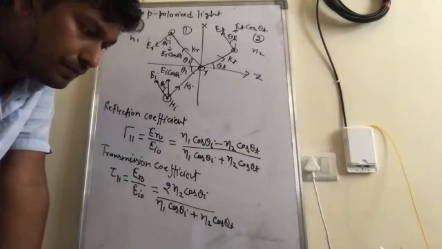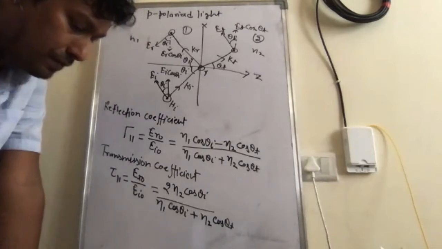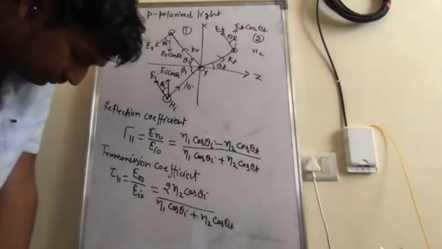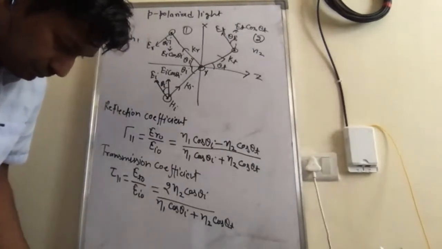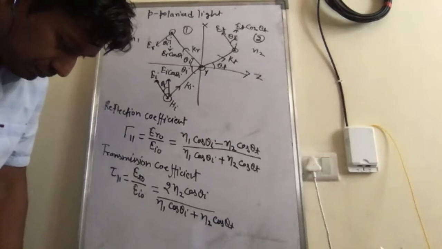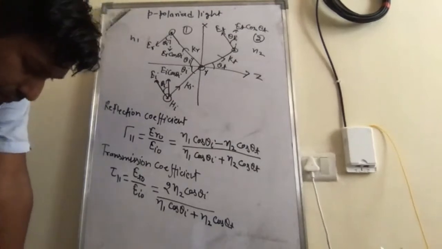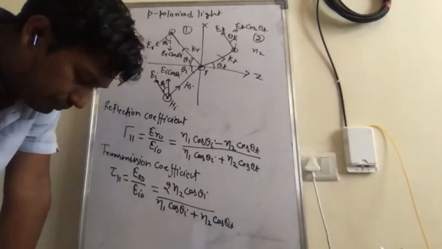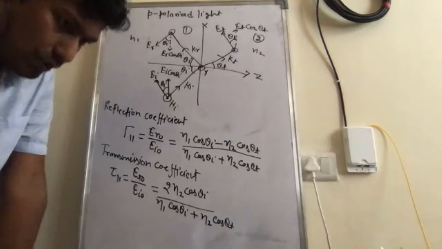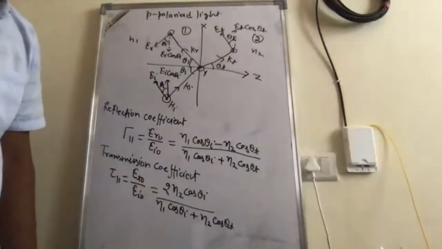Applying the previous equation, the root of mu 0 epsilon 0 will be cancelled out, and 1 by n1 and 1 by n2 will remain. So what was the relation between the refractive index and the impedance?